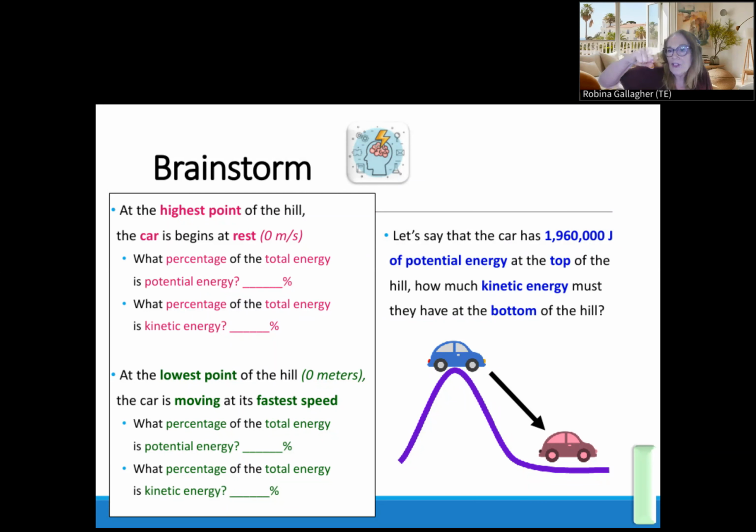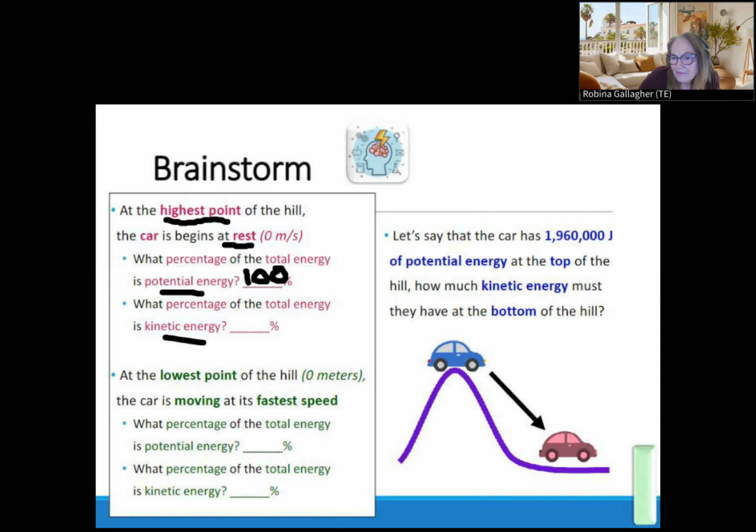So in the chat box, tell me, what percentage of total energy is potential energy if you are at the highest point of a hill and your car is at rest? 100%, exactly, yes. And if it's 100% potential energy, how much is kinetic? 0. Yeah, perfect, beautiful.